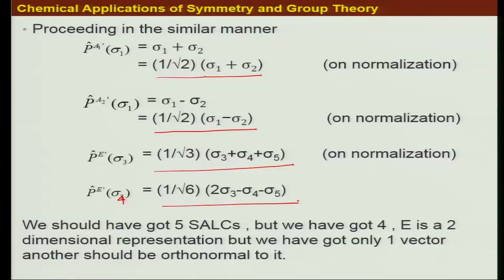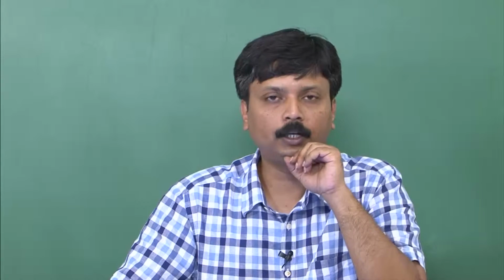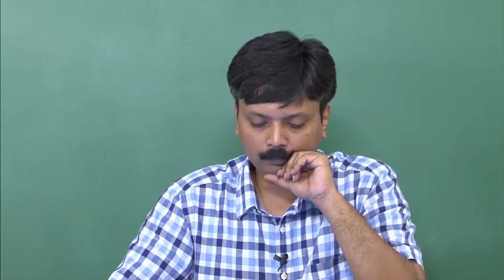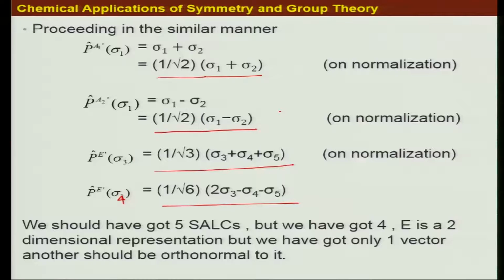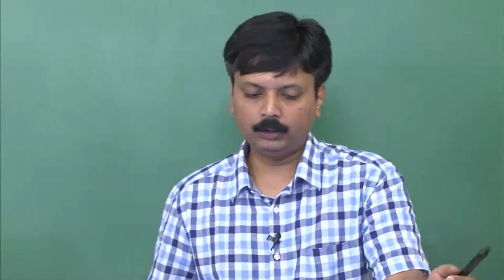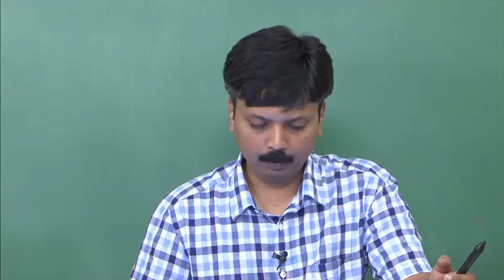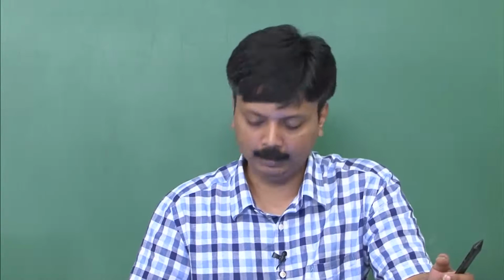Now this projection operator for E prime should ultimately give me two functions, right? So altogether I have got 4 so far, but I should get altogether 5 SLCs, correct? Because it had 5 basis functions, so I should have 5 SLCs.